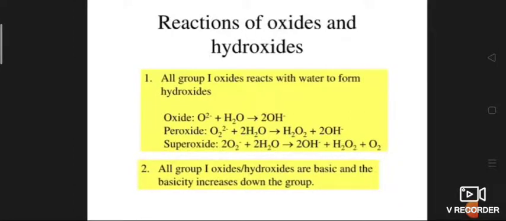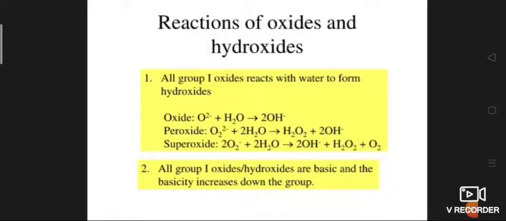Reactions of oxides and hydrides. All group 1 oxides react with water to form hydroxides. So oxide O2- plus H2O gives 2OH-. Peroxide gives H2O2 and superoxide gives H2O2 and O2 along with OH-.